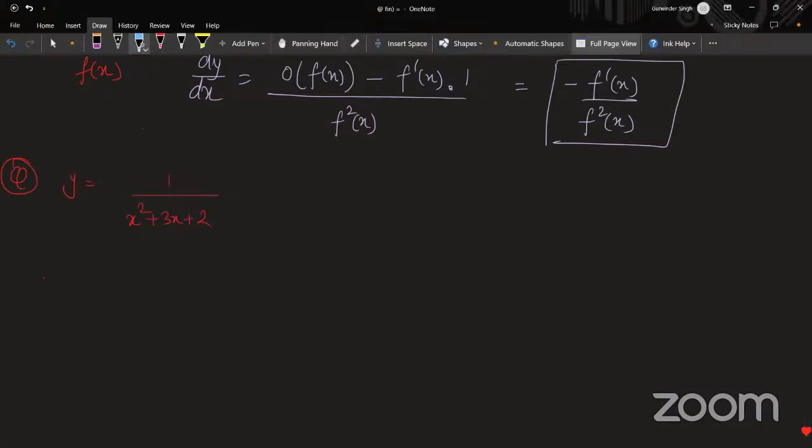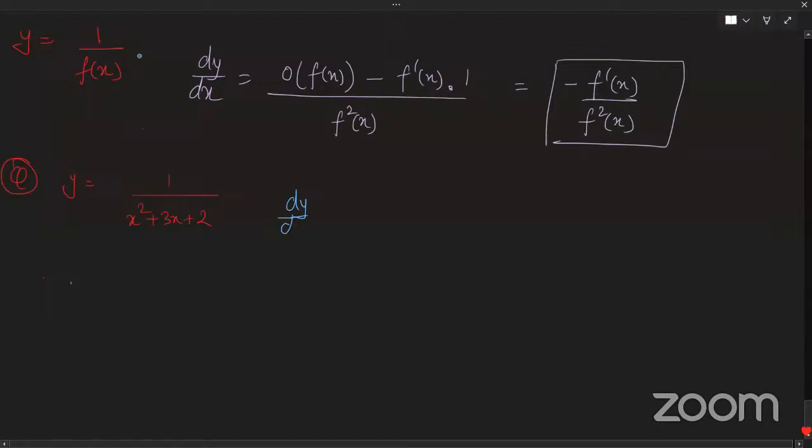Fine. So using this thing, I want you to tell me what is the value of dy by dx. 1 by f of x can be written as minus f dash x divided by f square x. So can you just tell me your f of x over here is x square plus 3x plus 2. So what is f dash x? 2x plus 3.